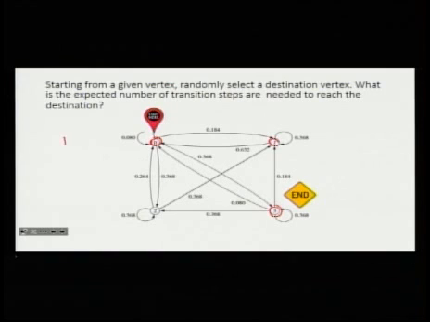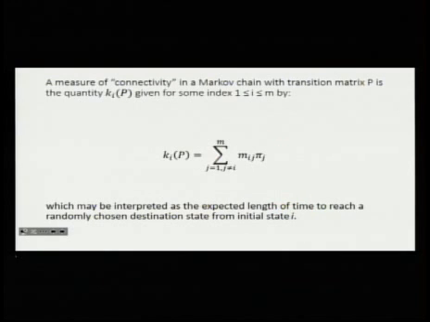So maybe we find a value for k0, where my 0 is just denoting the vertex that I'm starting from. If I start from 0, then I could find a number for k0. Or if I started at 1, maybe I could find a value for k1, and so on. If you wanted to do this calculation, it's basically an average of your mean first passage times weighted by your long-term probabilities. So that would be your ki.